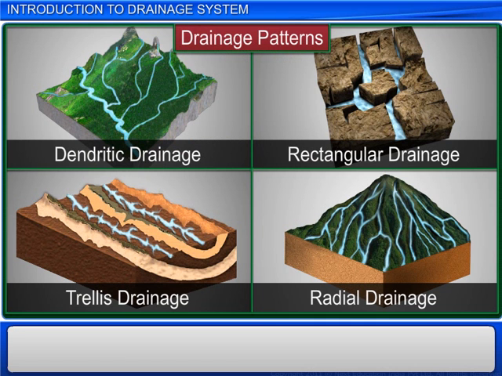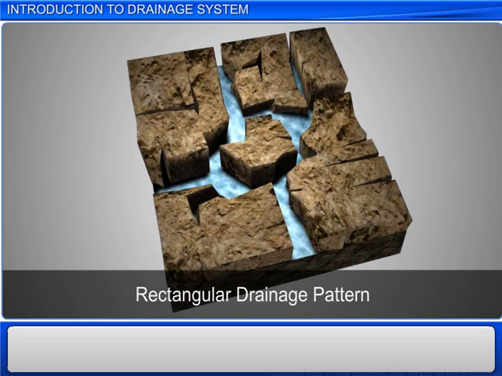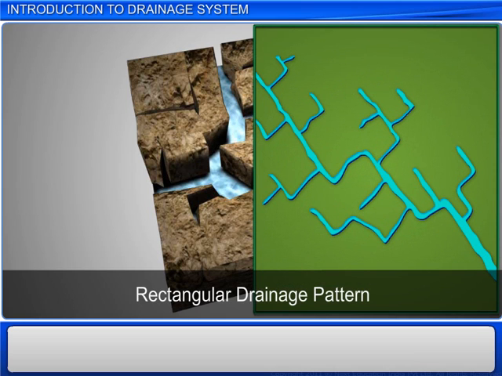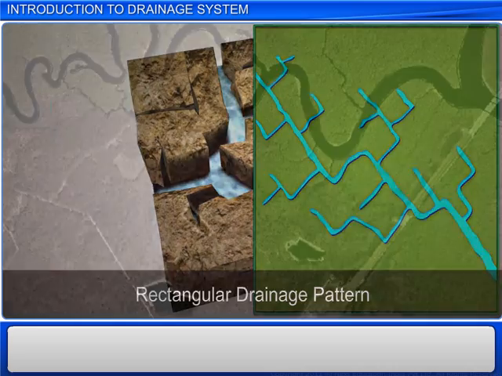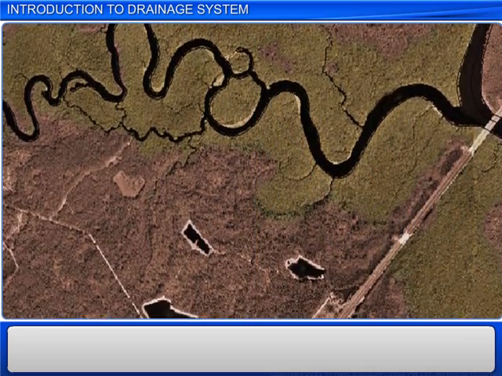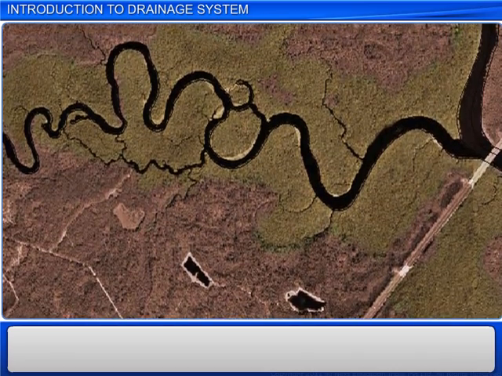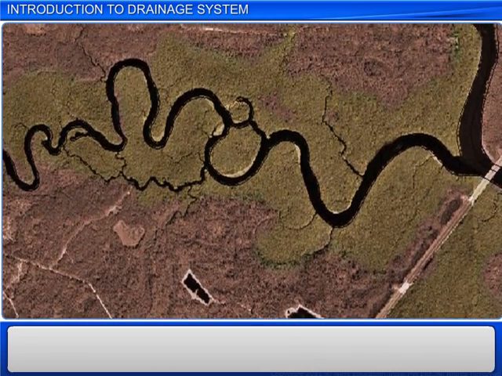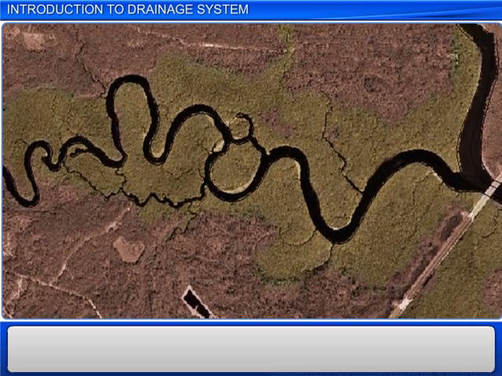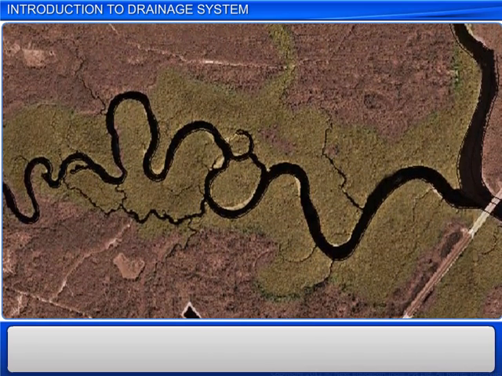Another type of drainage pattern is the rectangular drainage pattern, which develops on a strongly jointed rocky terrain. On this type of terrain, the streams follow the easiest available course and thus get concentrated in the areas where the exposed rocks are the weakest.